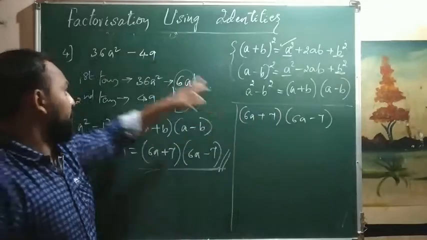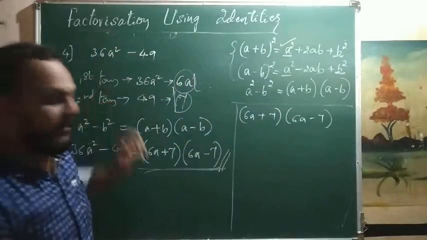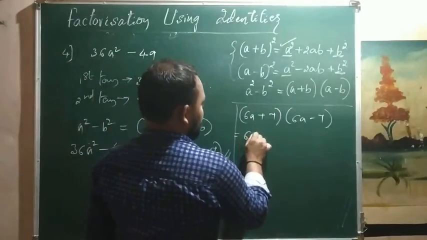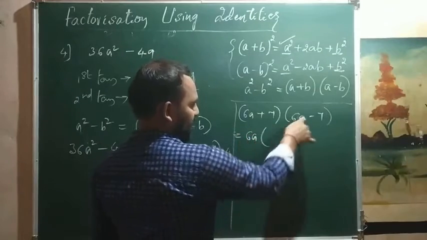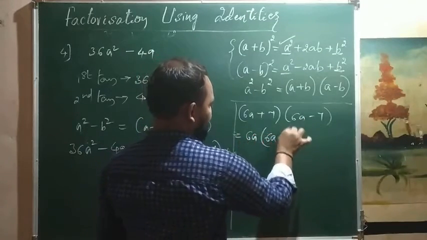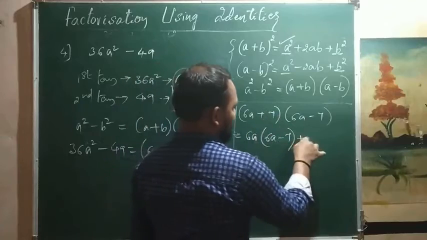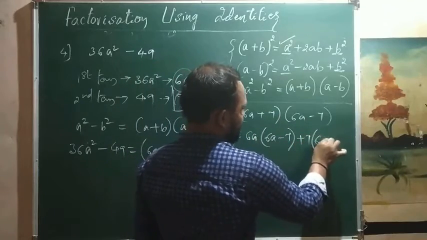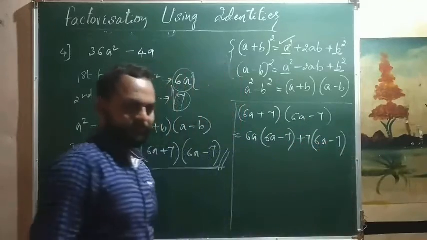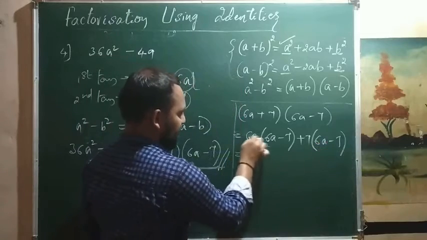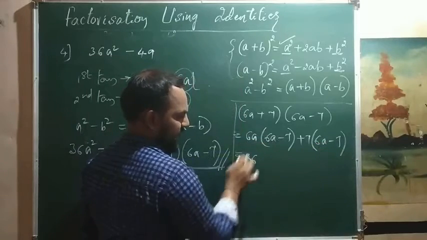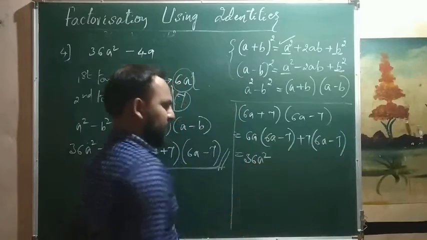Okay, if we multiply and the answer comes, it means what you did is correct. Here 6a is the first term times the whole bracket 6a minus 7. The second term is plus 7 into 6a minus 7. Okay, here 6 into 6, 36, a into a, a square.